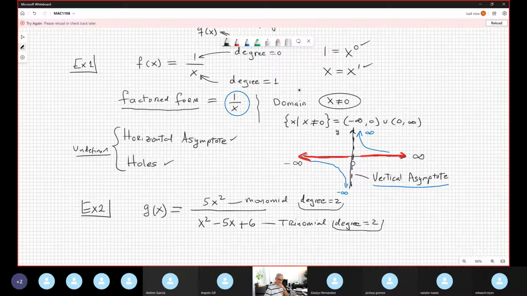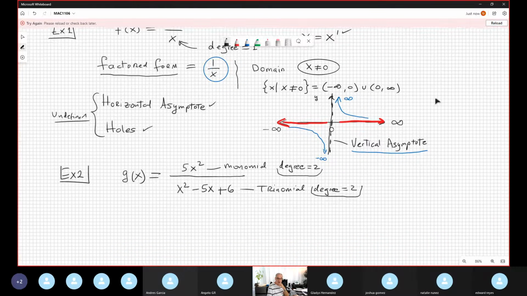Okay, now I need to express the rational function in factored form. This is extremely important. Step number 1 is expressing in factored form.